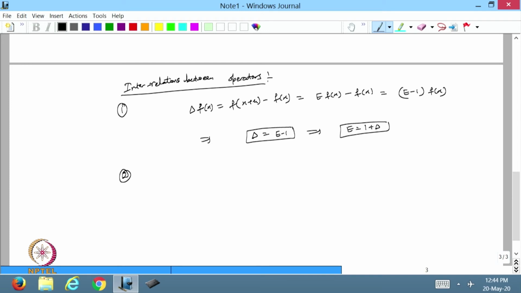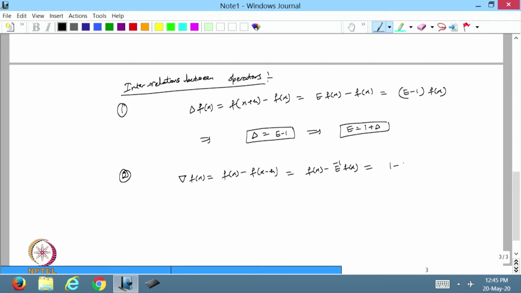The second one: I know the nabla, the backward operator, on f(x). This I can write as f(x) minus f(x minus h), and this I can write as f(x) minus E to the power minus 1 of f(x). In this case I am taking E raised to the power minus 1, because I am going one step backward.